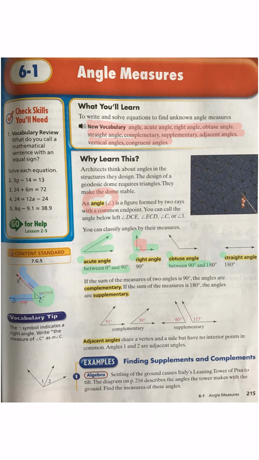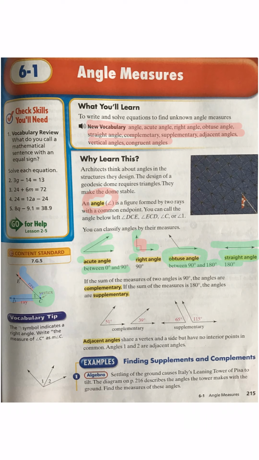This one is going to be between 90 degrees and 180 degrees. Obtuse angles are big angles, okay? They're going to be more than 90 degrees. A straight angle is exactly 180 degrees. A straight line would be a straight angle.